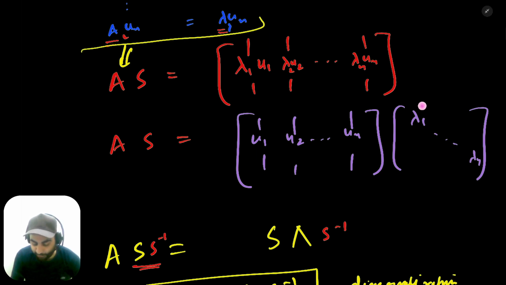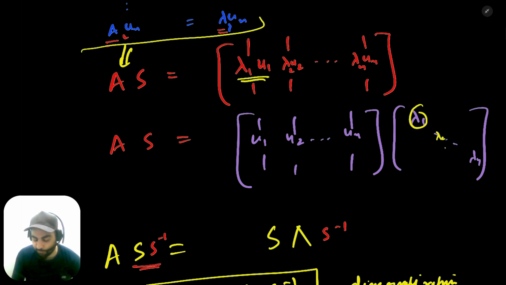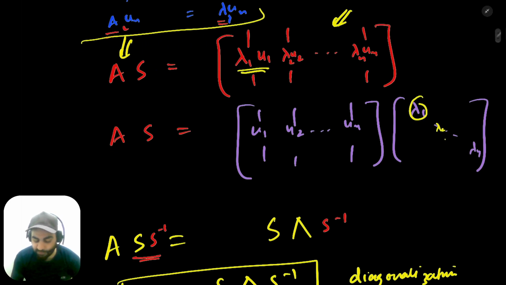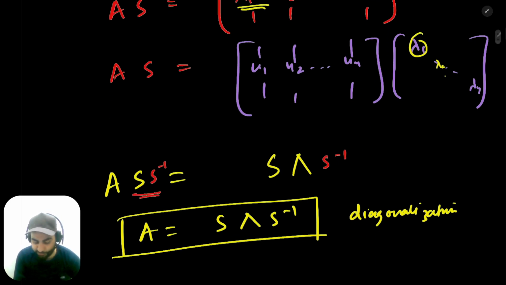Then similarly you take the second entry, lambda 2, and it gets multiplied with u2, to get the columns of this. So basically the columns of this are linear combinations of columns of this. That's how I wrote this. This matrix I called S, and this matrix is capital lambda.